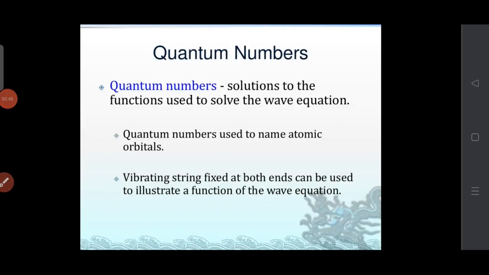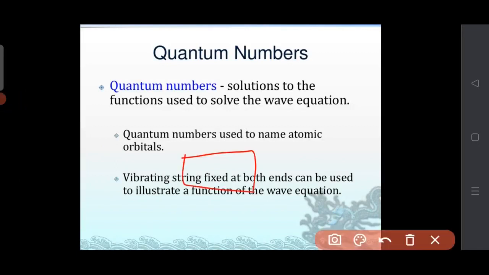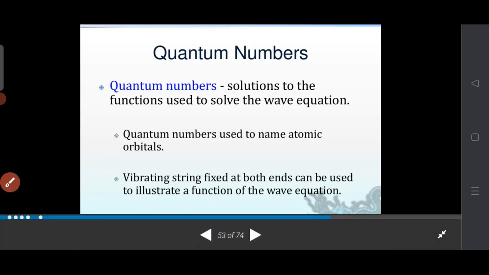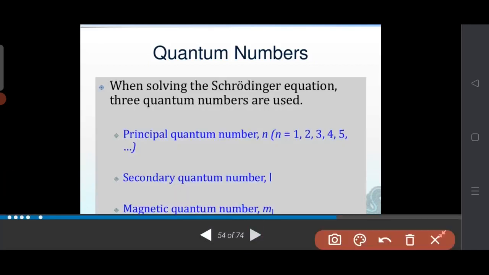Quantum numbers are solutions to the wave function used to solve the wave equation. Quantum numbers are generally of 4 types: the principal quantum number, the azimuthal quantum number, the magnetic quantum number, and the spin quantum number. The principal quantum number n equals 1, 2, 3, 4, 5, 6.